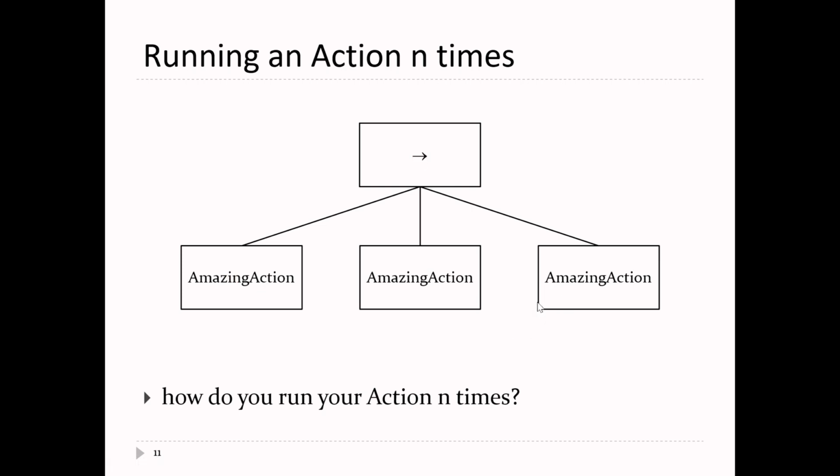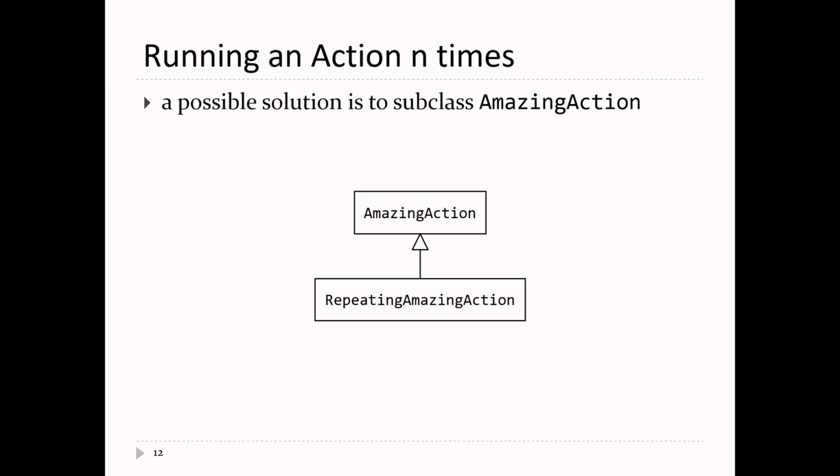Have 3 amazing actions under it, right? And now you ask yourself, well, okay, so how do I run this n times, right? And you could play the same trick, right? You say, well, I can just subclass amazing action, right? And have repeating amazing action, right? Repeating amazing action, it's got a constructor, it takes in a value of n, right? Inside its run method, it runs your action n times.